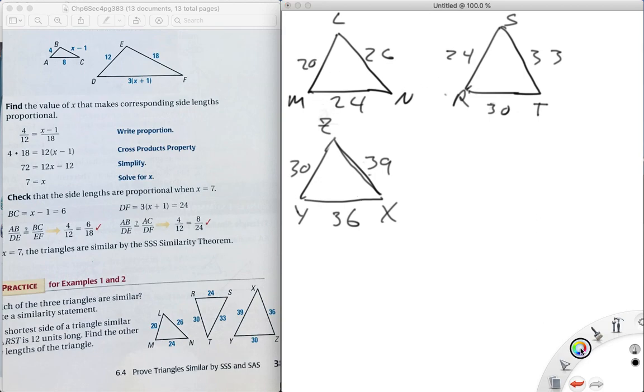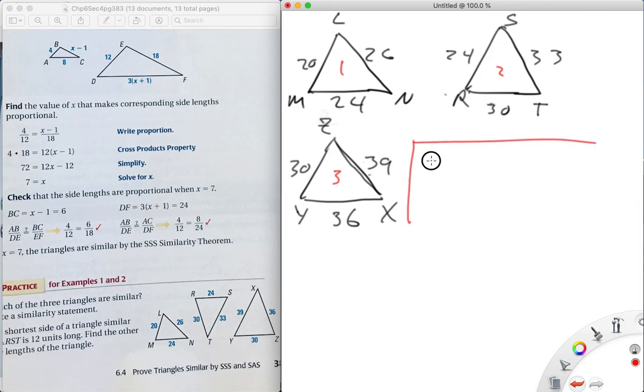We'd have to do two sets to make sure that this works. So we'll call this 1, 2, and 3. Instead of small to big, since there's 3 triangles, we'll do from 1 to 2 and set up that proportion.